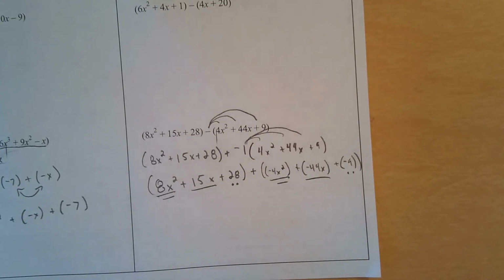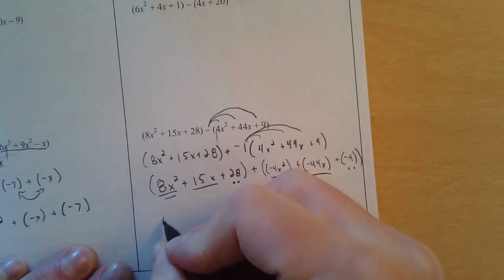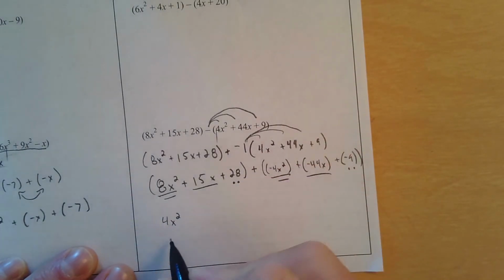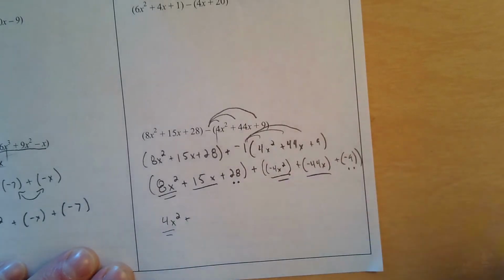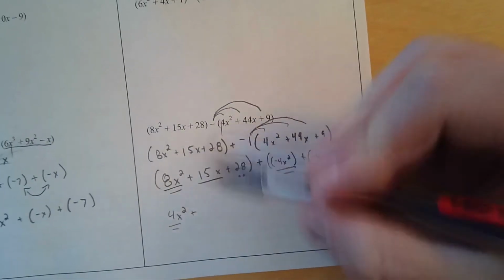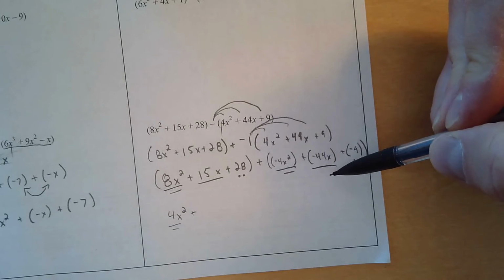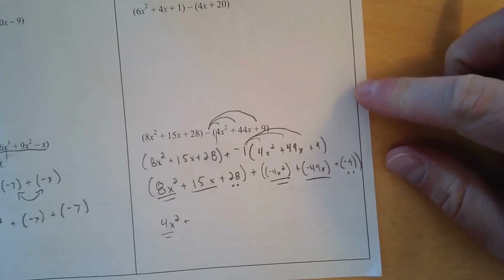So -8x squared plus -4x squared. So we're combining a positive 8 and a -4. Just going to get us to 4x squared. And then we've got a positive 15x that we're combining with a -44x.